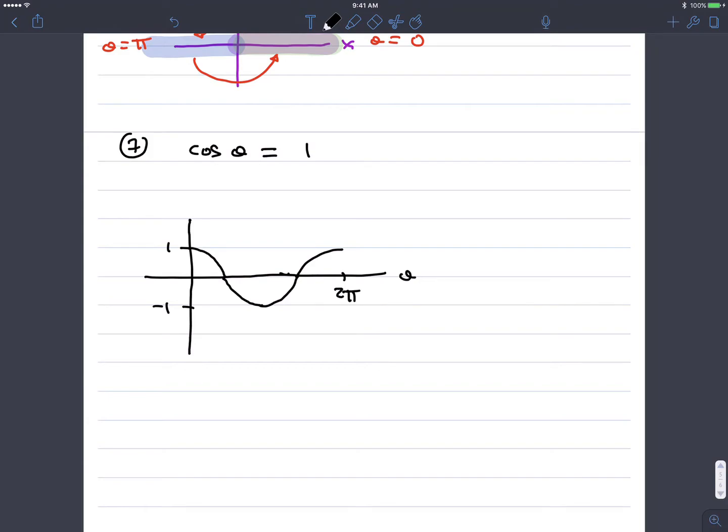Isn't this 2 pi? And what is this? Pi, and this is what? Pi over 2. What is this? 3 pi over 2. Is that right?